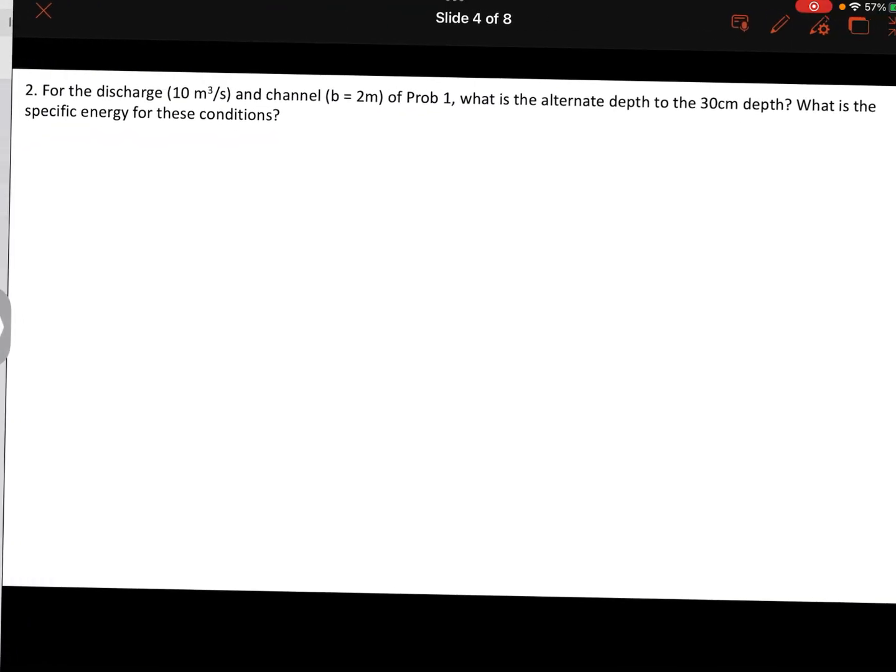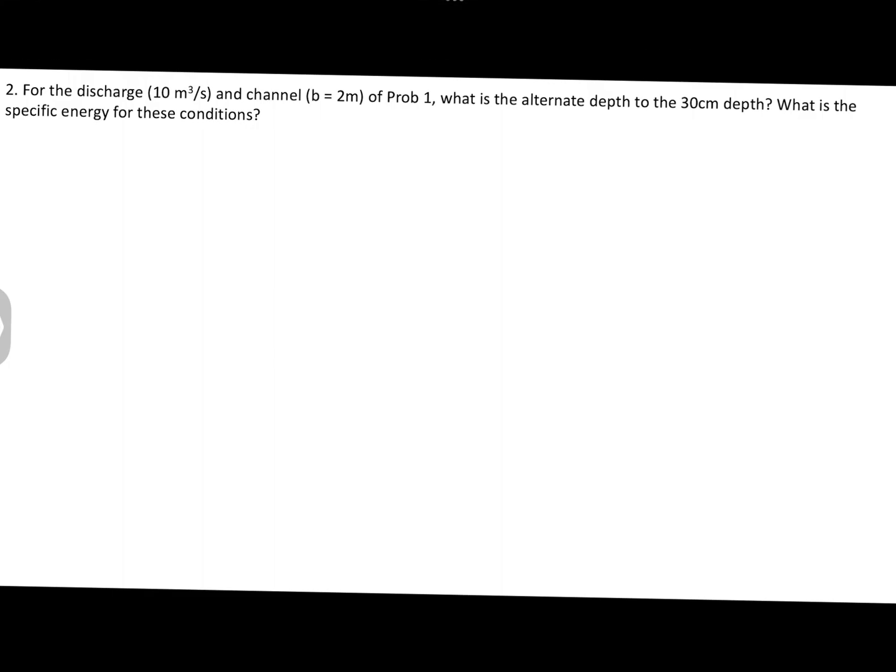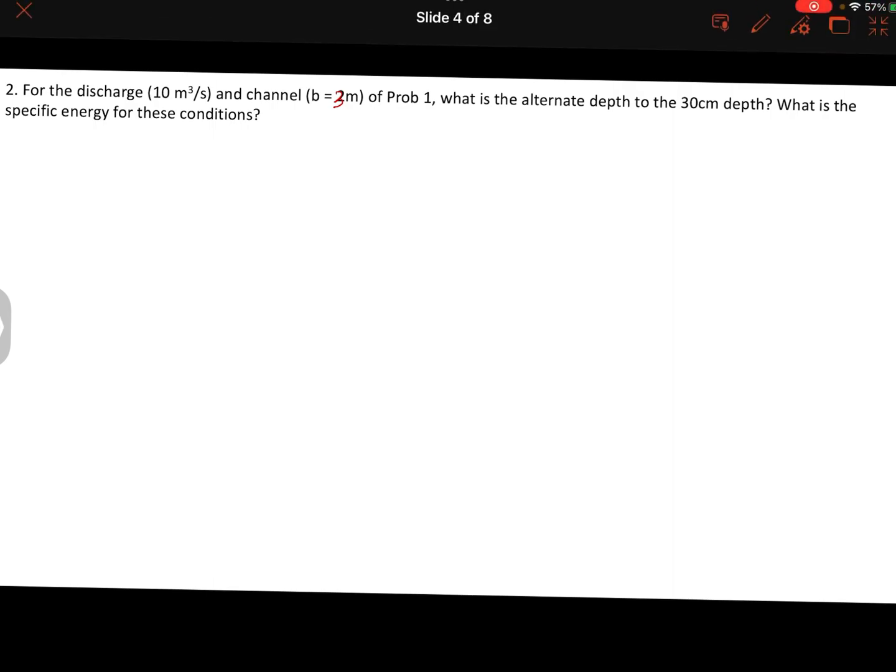Now let's go on to problem 2 here. So now if we're going back into our previous channel, this should be a 3, where we have our same volumetric flow rate and our same channel geometry with a B of 3 meters from problem 1. We're asked to find the alternative depth to a 30 centimeter depth.